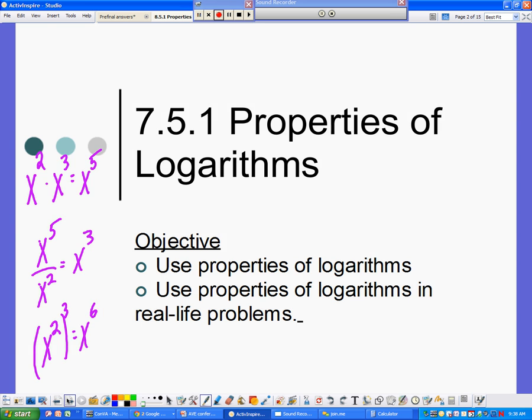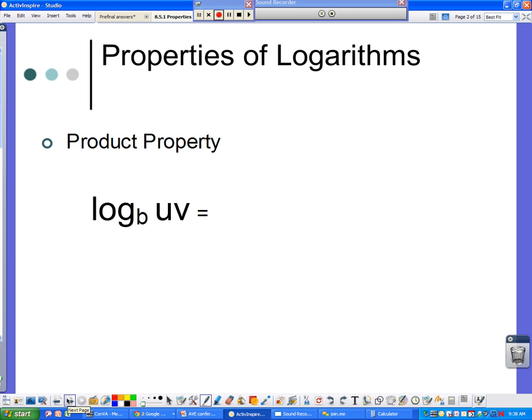So as we're looking at the properties of logarithms, if you remember, log base b of uv turns into, we can split up the uv, and it becomes addition. So log base b of u plus log base b of v.